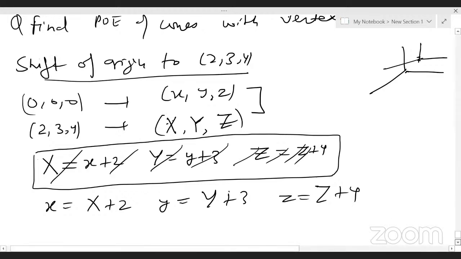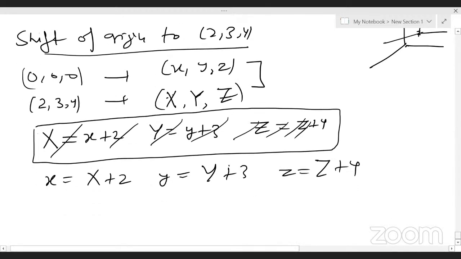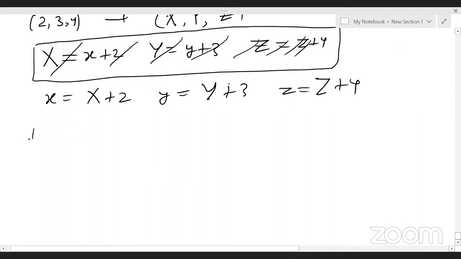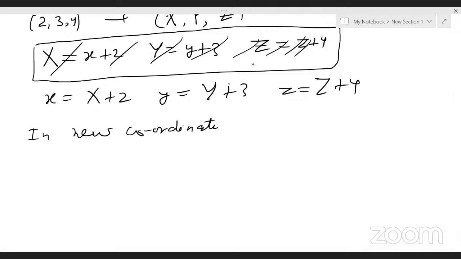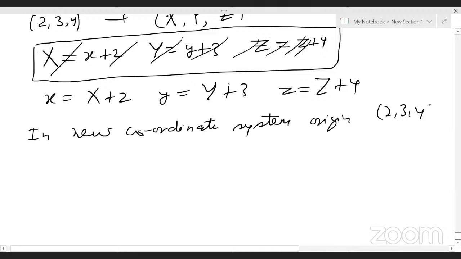So now I know this. Now in the new coordinate system, origin is 2, 3, 4, right?